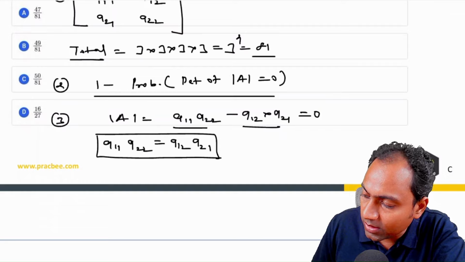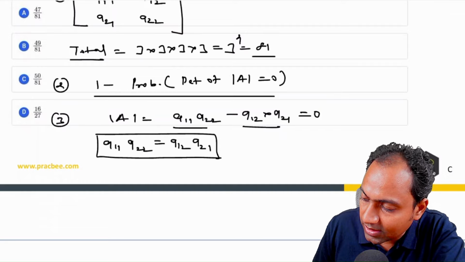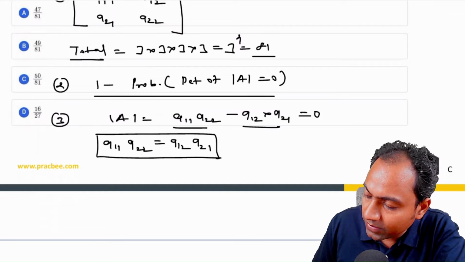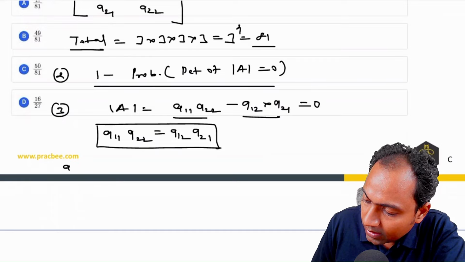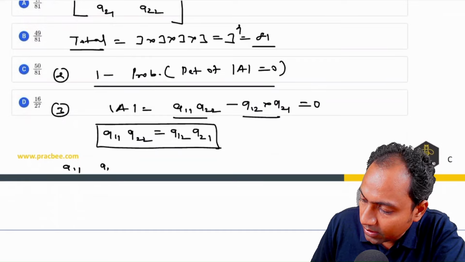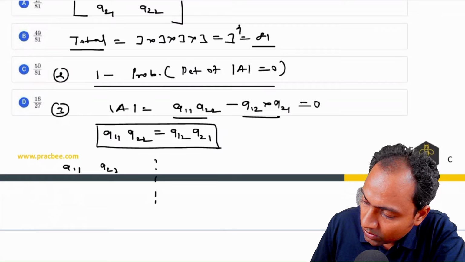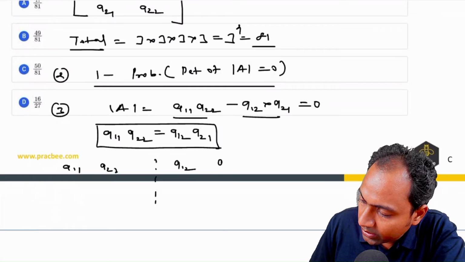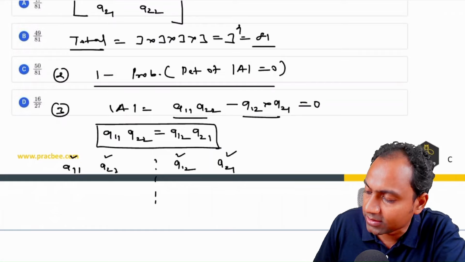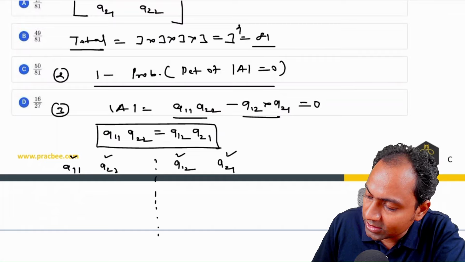So if this is equal, what we are going to do here is basically, let us make cases. If I make a small table, A11, A22 and A12, A21. So what we need to do is, if I'm selecting two numbers on the left hand side, their multiplication needs to be that on the right hand side. So now let us see how many such cases are possible.